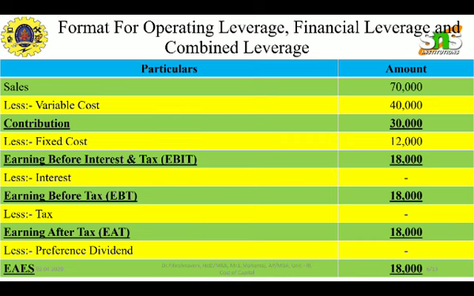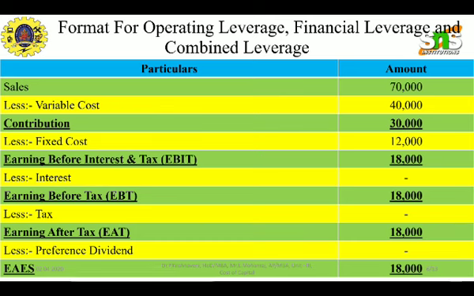Then 70,000 minus 40,000, we will get 30,000. Your contribution is 30,000.